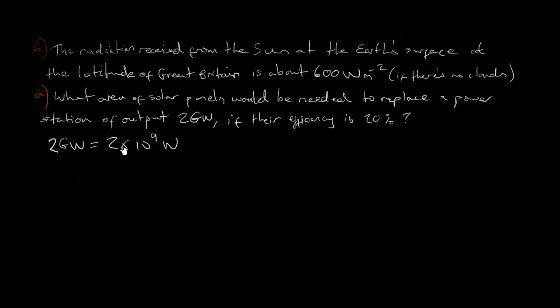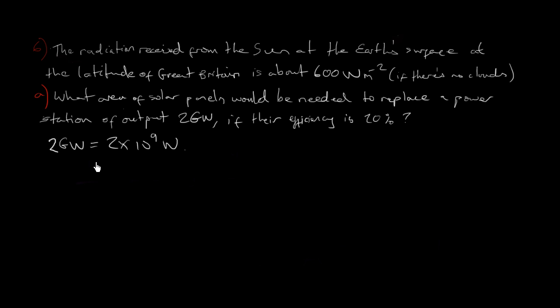Giga means to the power of 9, which is 1000 million, megawatts would be to the power of 6, kilowatts would be to the power of 3, and so on and so on.